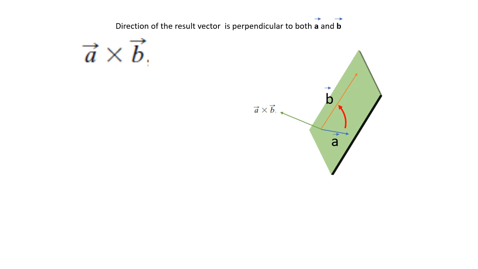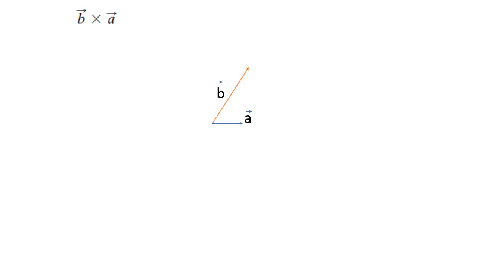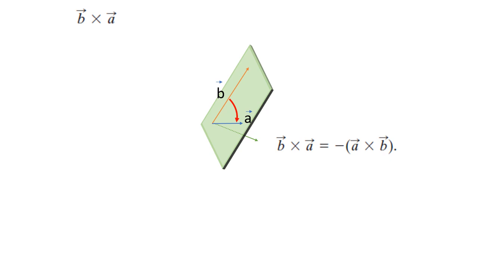So that is A cross B. But in the other case, if you do B cross A, your fingers are pointing here, but if you want to rotate your right hand, the thumb will point in the down direction, the opposite direction to the green arrow. So that is minus A cross B. The order of multiplication is important in the case of cross products.